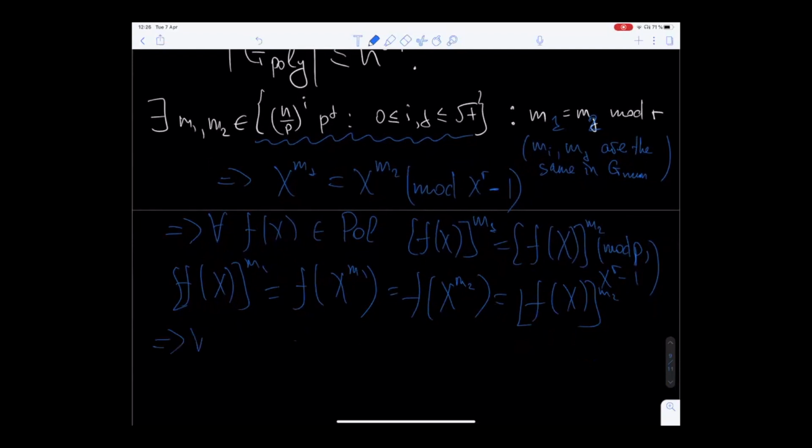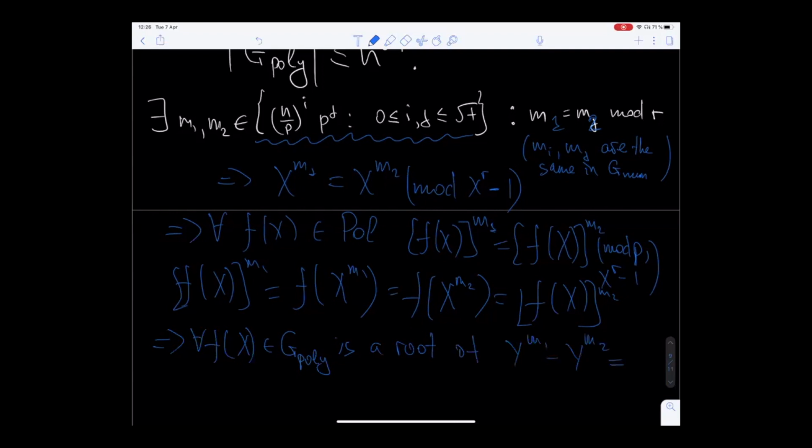And thus now every f of x thought of as an element of field F that belongs to the G poly is a root of y to the m1 minus y to the m2.